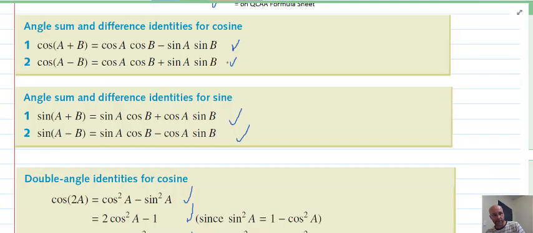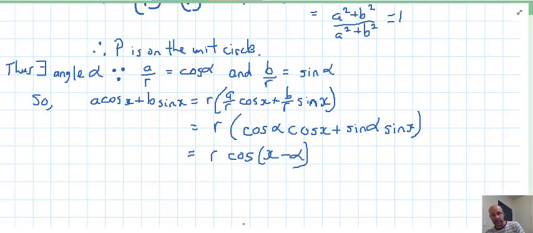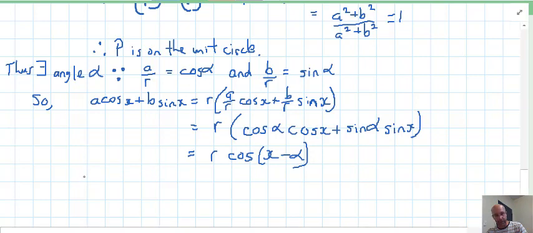The identity is this one here, number 2. We have cos A cos B plus sine A sine B is cos(A minus B). Hence we have here r cos(x minus alpha), where A is x and B is alpha. Now I'm not asking for you to be able to repeat that, but that's where it comes from, and you could similarly find the same for the other form, but I won't show it here in the video to keep the length down.